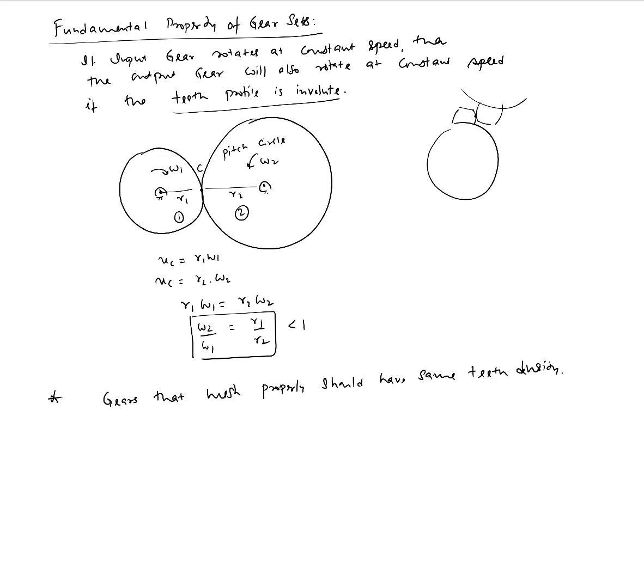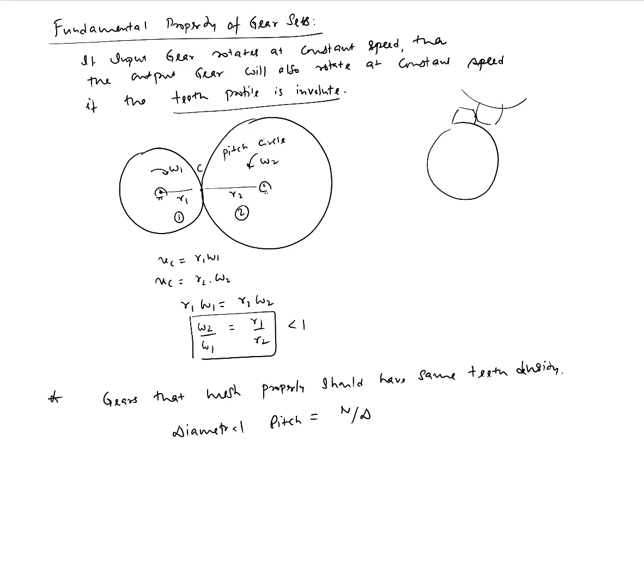Teeth density is measured by a parameter called diametral pitch, which is defined as the number of teeth on the gear divided by its pitch diameter.